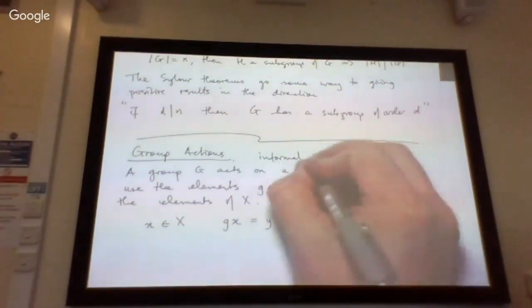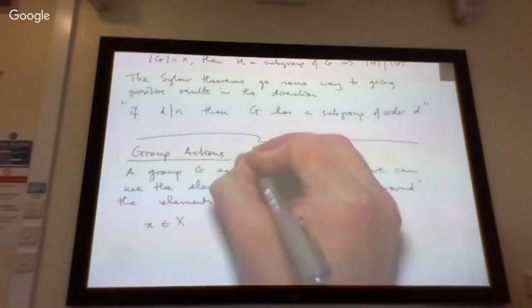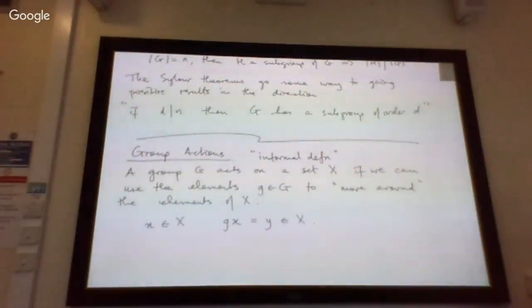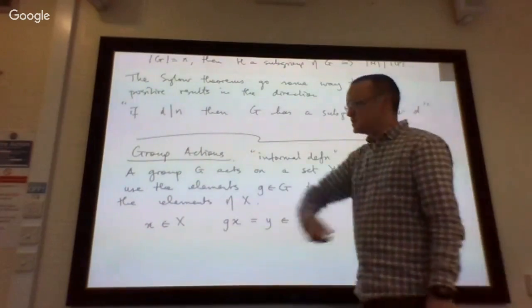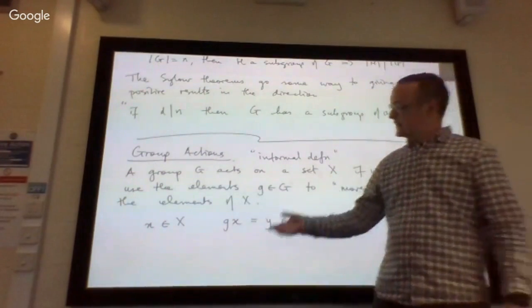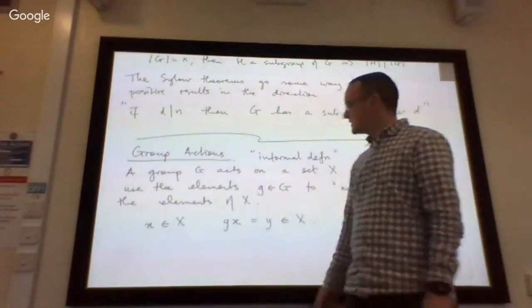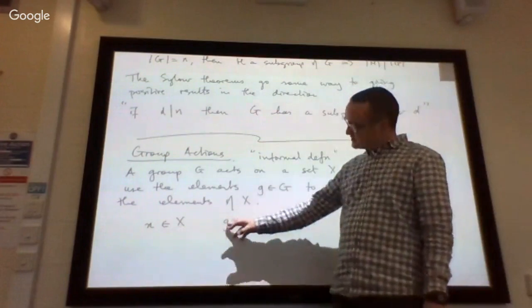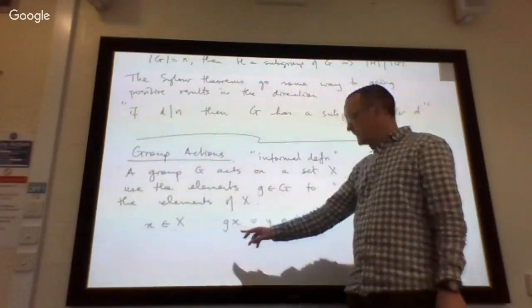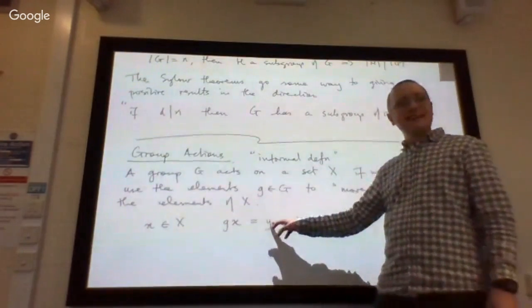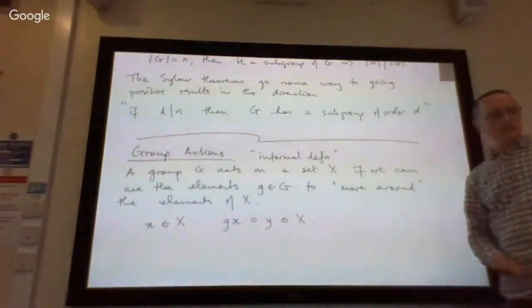Just an informal definition. You pick an element g from the group G and you can use it to shift around the elements of X. You take any element little x in the set, and then g of x, you see g acting on x like a function. g acts on x and gives an output y, which is again another element of the same set.